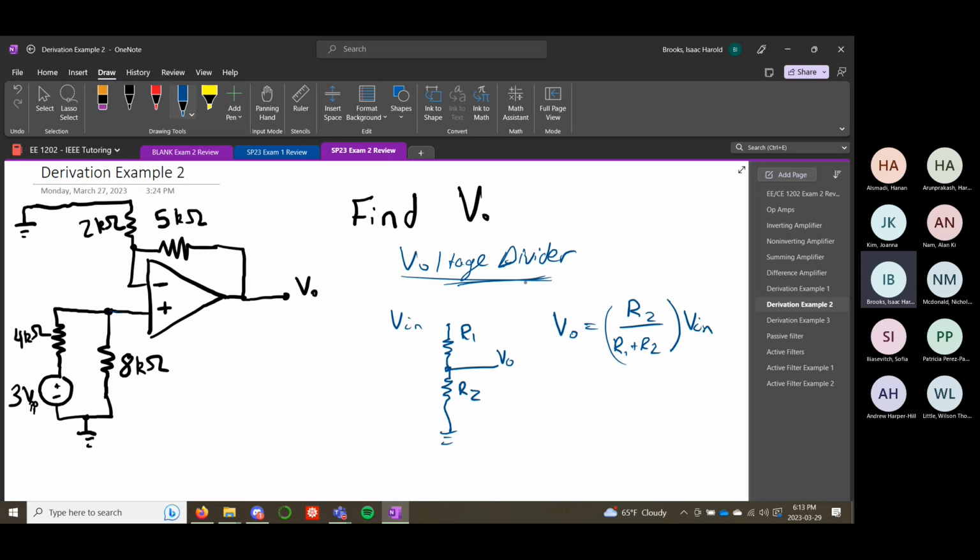This is the voltage division equation. It doesn't quite look like it, but this bottom part here is a voltage divider. You can imagine that this is your R1, this is your R2.